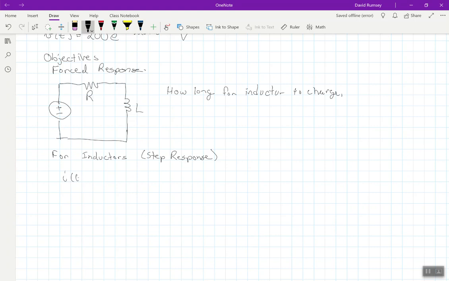We get that the current is equal to, and some textbooks don't like to write it this way, but I think it's the easiest way to understand it, especially when you look at a circuit: I_F, which stands for the final value of the current, meaning the current after the circuit has been on for a long time, so the inductor behaves as a short again. What would the final current be through the inductor? Plus whatever the initial current in the inductor is. There might not be any initial current, so this might be 0.